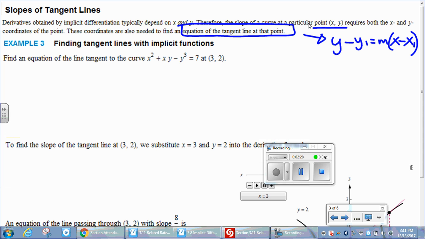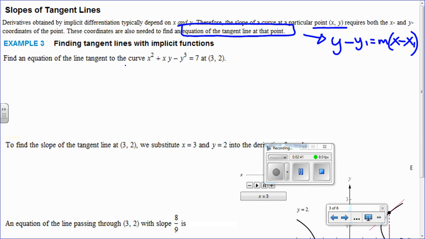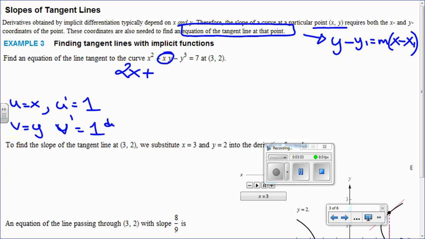We're going to find the tangent line to that curve, and we have both x and y, so we start taking the implicit differentiation, and that will be 2x plus, now here, this is for the xy, we will need the product rule, okay? So if we assume that u is x and v is y, we will say that u prime is 1, and v prime will be 1 times dy dx.